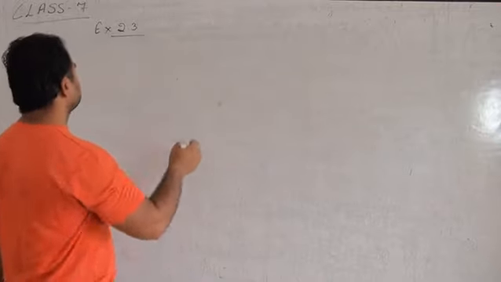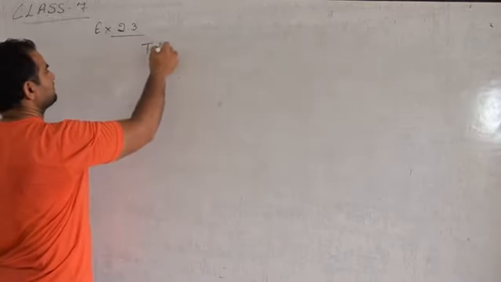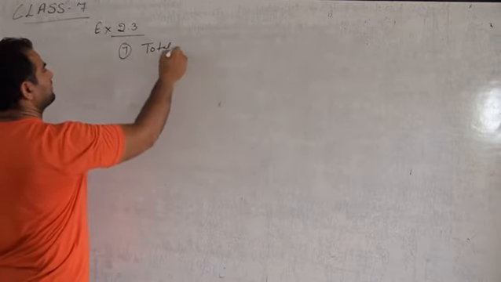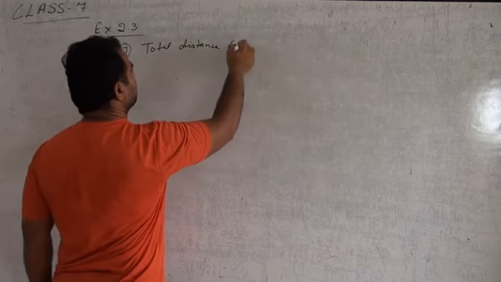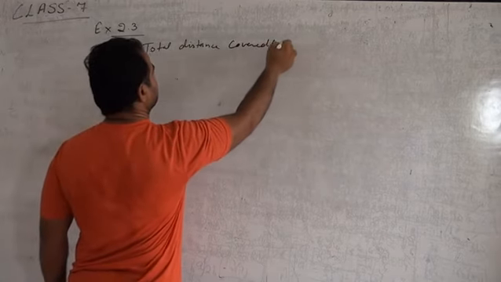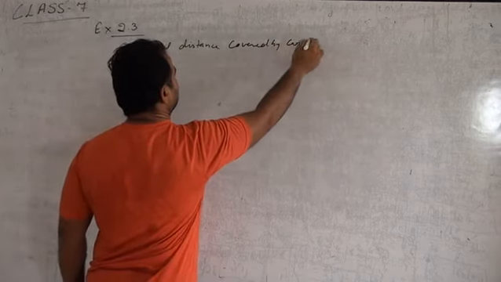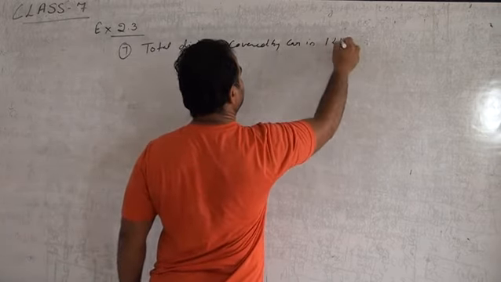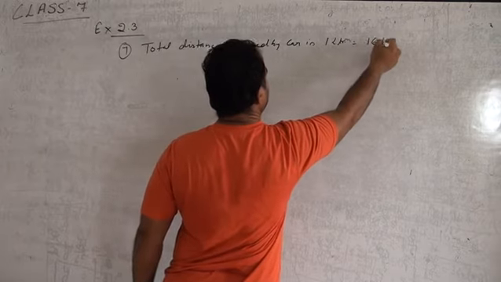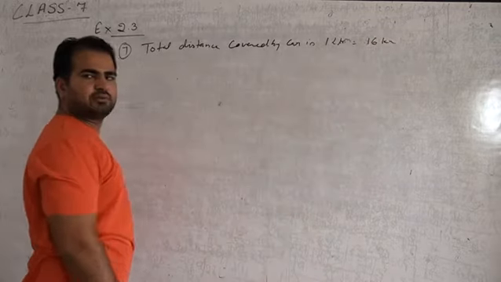So, total distance for question number 7: distance covered by the car in 1 liter equals 16 kilometer. Done.